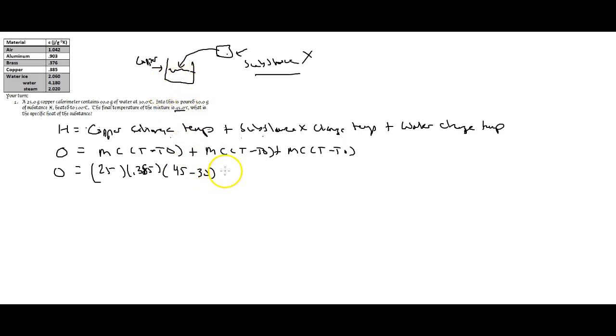The cup has to be the same temperature. What's the mass of substance X? It's 50. What's the specific heat of substance X? That's what I want to find out. I can't find that out yet. Final temperature is 45. Substance X was initially at 100 degrees. Put 100 here.